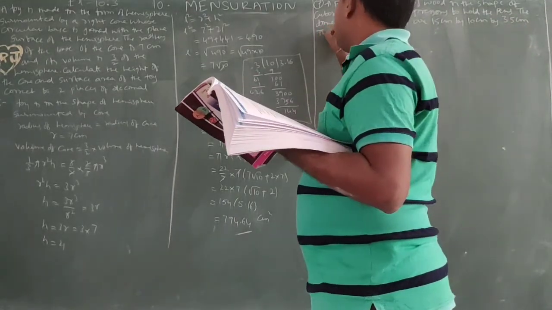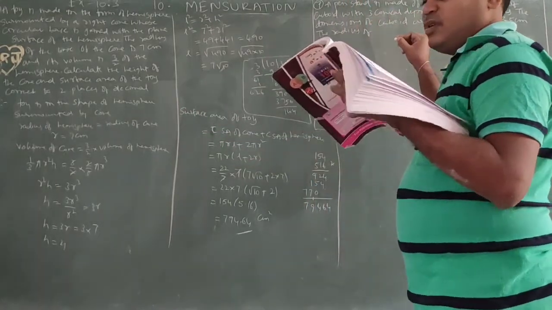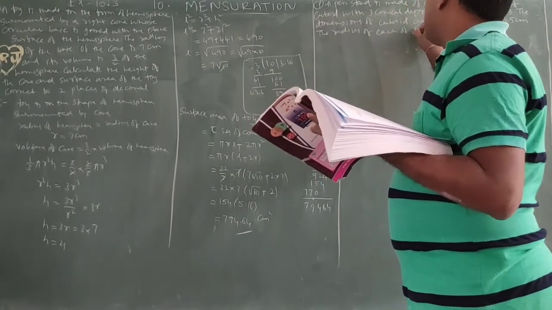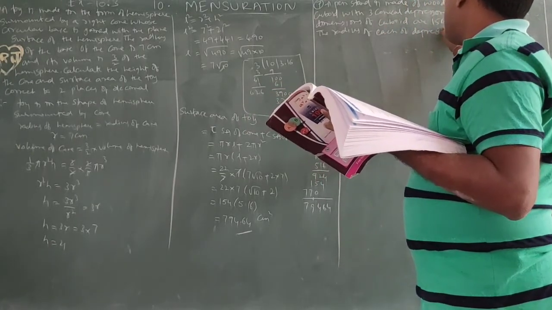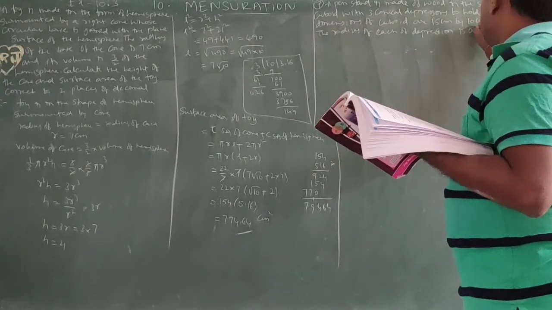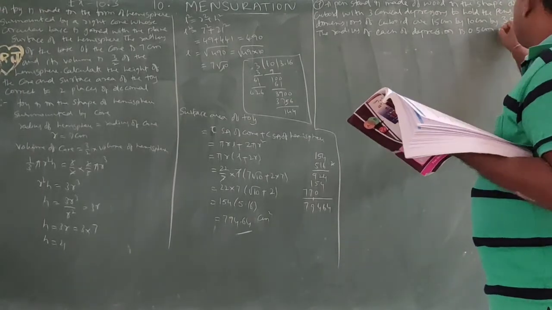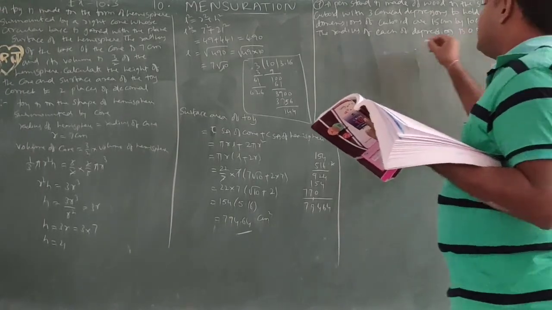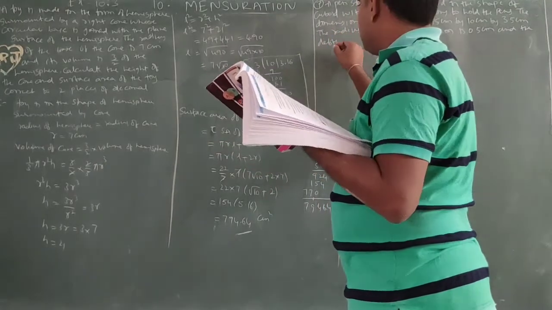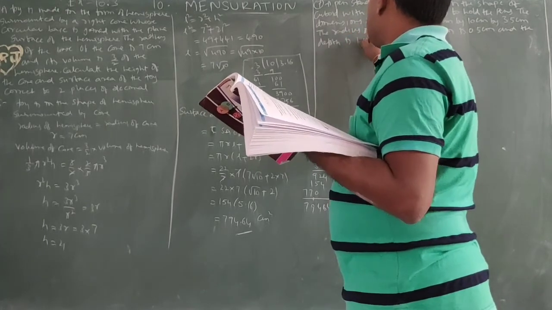The radius of each depression is 0.5 centimeters, and the depth is 1.4 centimeters.